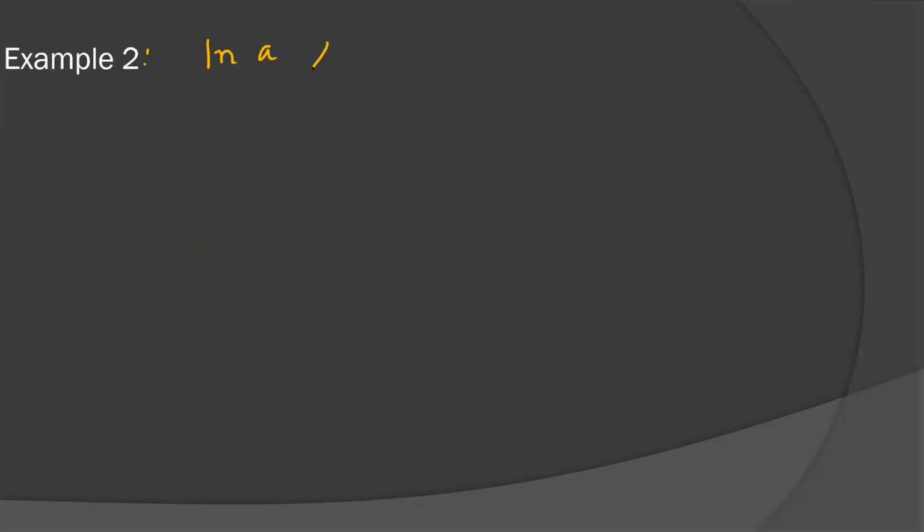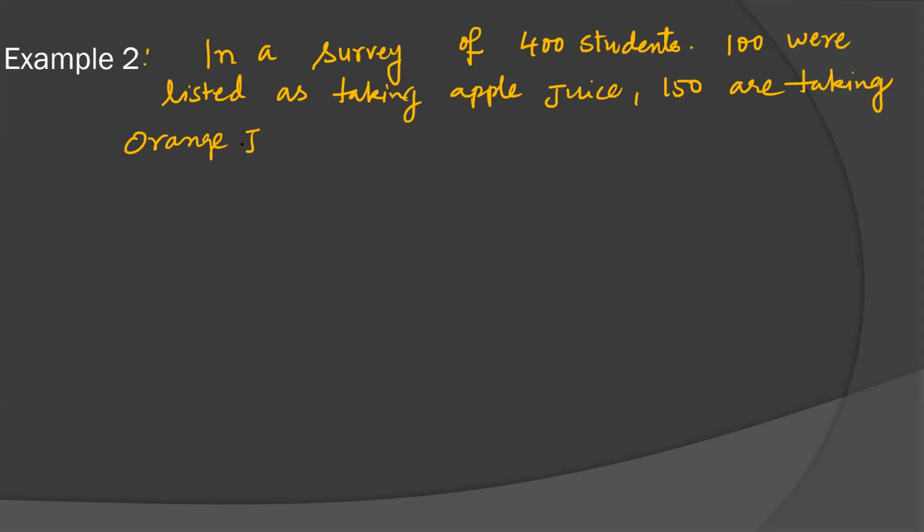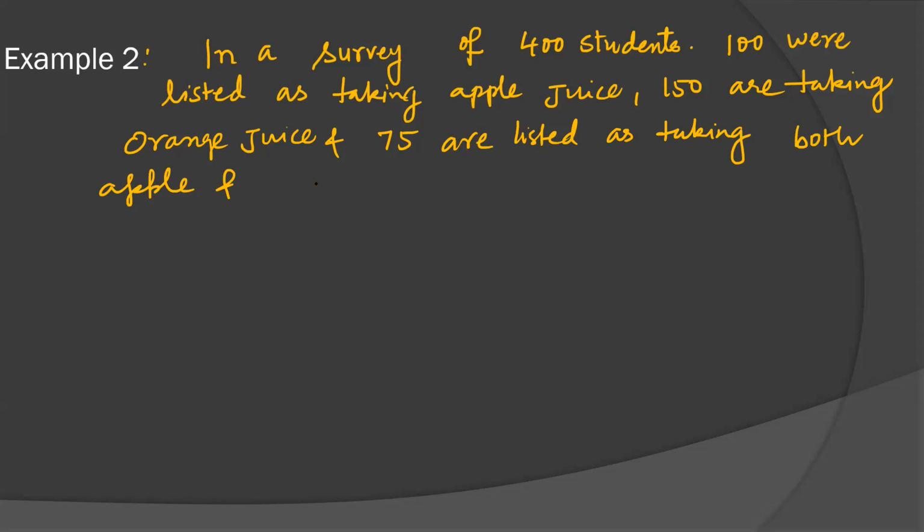Next problem is, in a survey of 400 students, 100 were listed as taking apple juice, 150 are taking orange juice, and 75 are listed as taking both apple and orange juice.